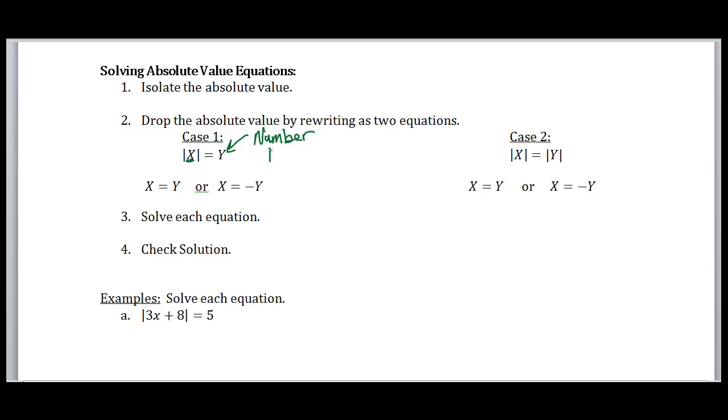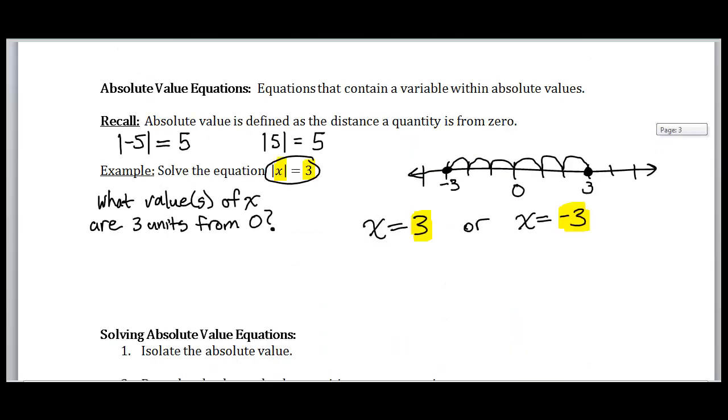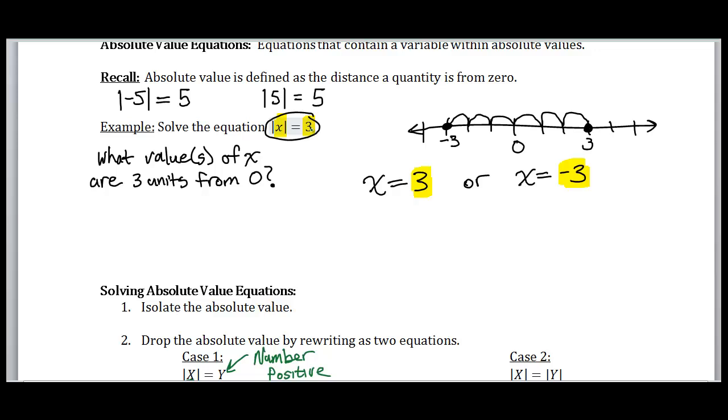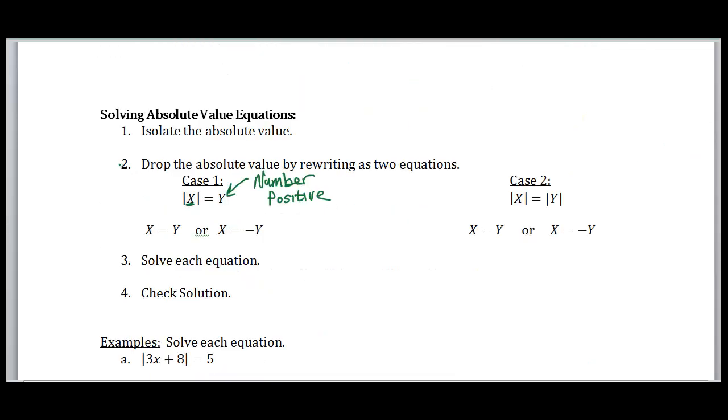As long as that number is positive, I'm going to do exactly what I did with absolute value of x equals 3. I'm going to set it equal to the positive, and I'm going to set it equal to the negative. I've notated it here as taking what's on the inside, setting it equal to the positive of this value, and setting it equal to the negative.